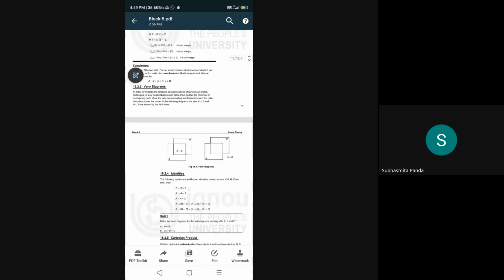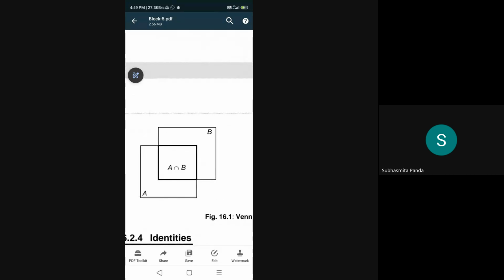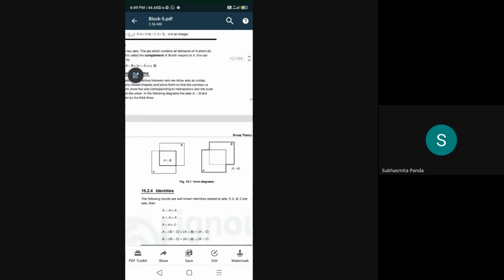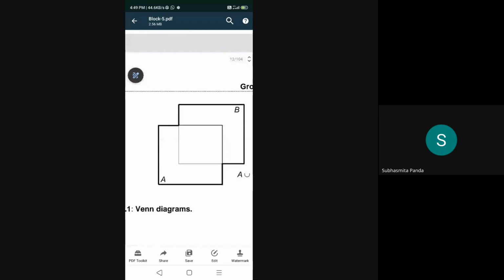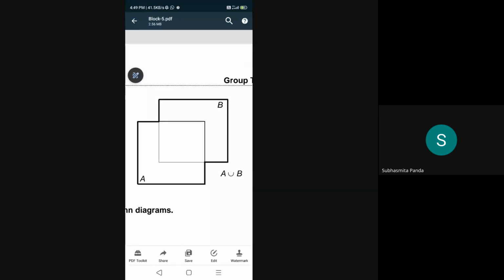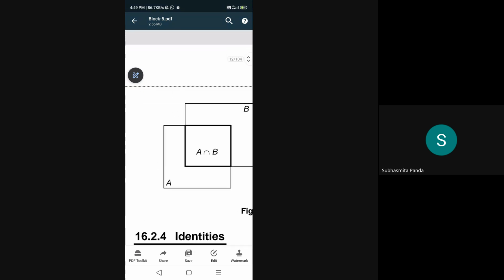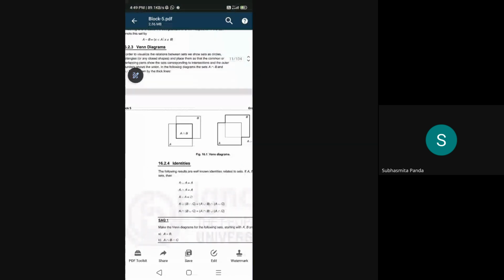See how A intersection B is represented in a Venn diagram: the solid part is A intersection B. And A union B: all the elements in A and B are there in A union B. You can see the dark lines for A union B. Here also the dark line represents A intersection B.